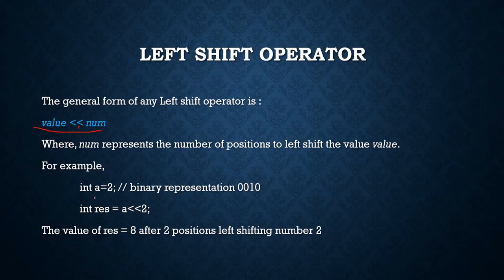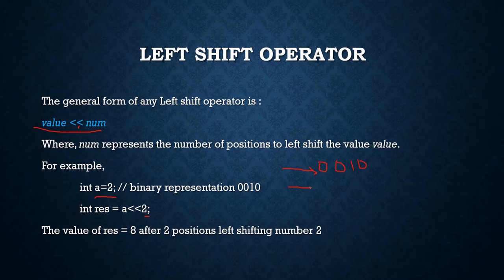For example, A is a value, a number, and if I say left shift 2 times, the binary representation of 2 is 0010, isn't it? Now I am asking to shift the positions twice.